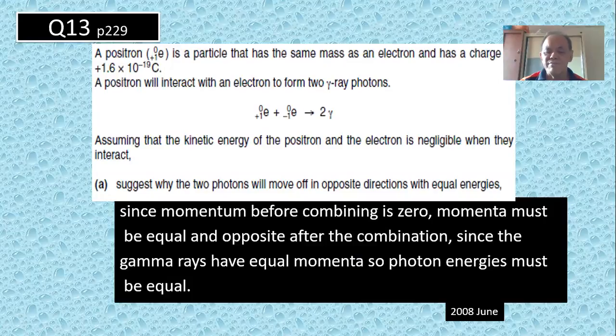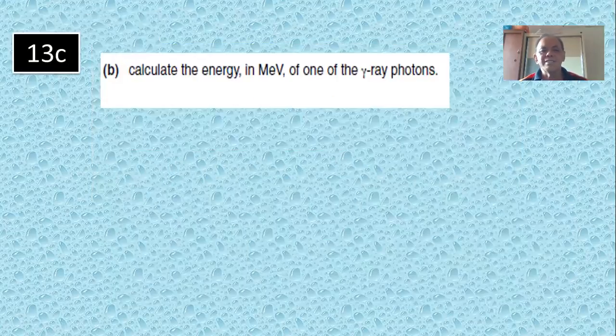Okay, so we can think of the photon as a particle. Calculate the energy in megaelectron-volt of one of the gamma rays. Remember that the positron and the electron combine to form 2 gamma ray photons. So we just need to calculate for one of them.